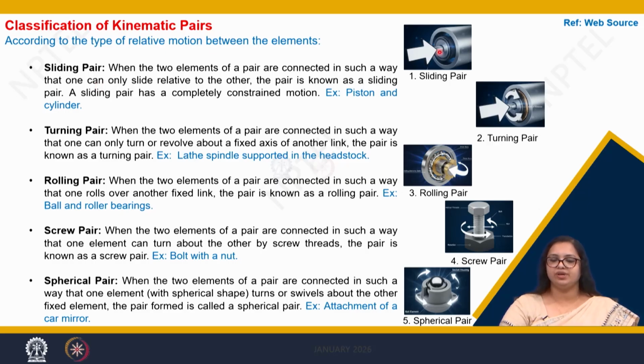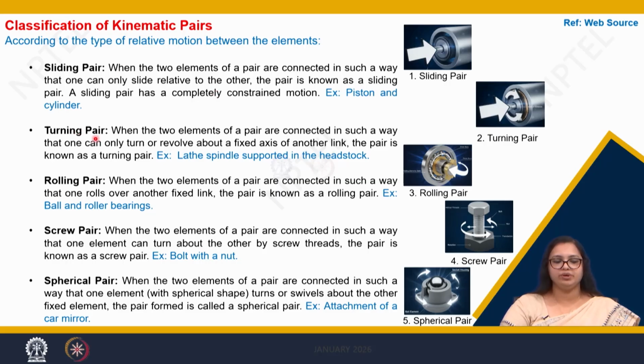Let's say we have a shaft that goes inside a hole where there is only surface contact. We call it a sliding pair. The best example of a sliding pair is a piston and cylinder arrangement.